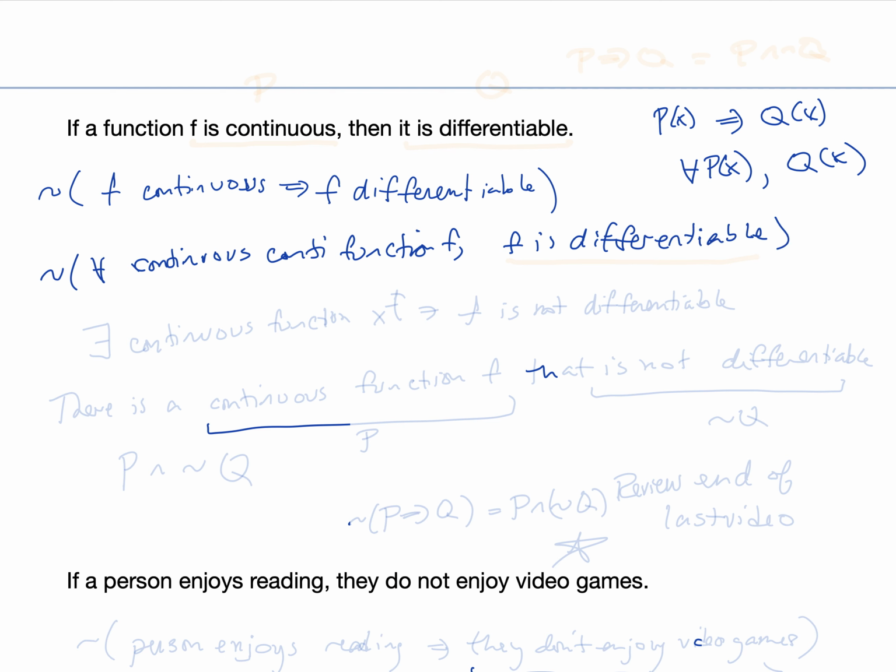And so now we want to negate a for all statement. The negation of a for all statement is a there exists statement. There exists a continuous function f such that, and now we're negating f is differentiable.